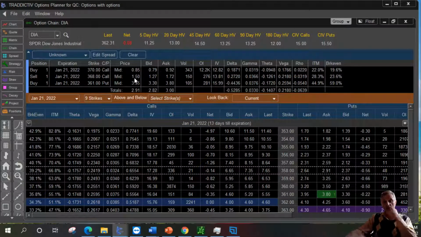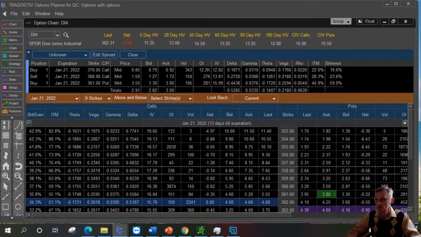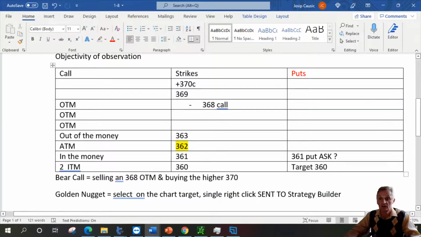So now the question that every investor and every trader needs to answer: how much money do we want to invest in this particular trade? One of the rules of thumb that I like to use, that helps me a lot, is to look at the current price.